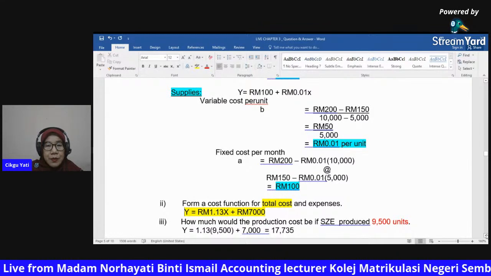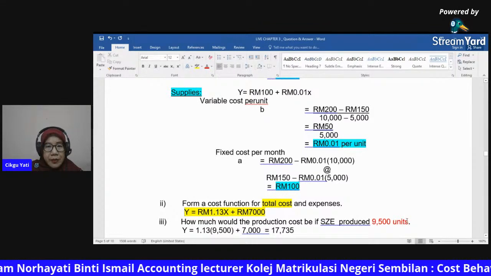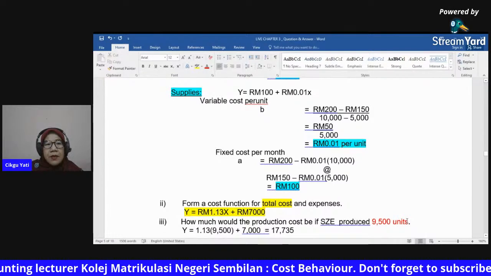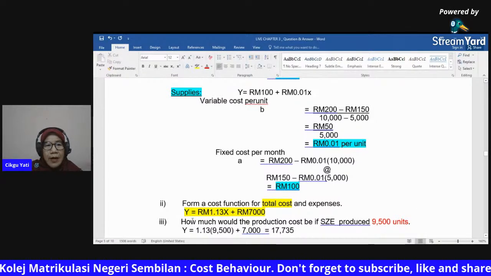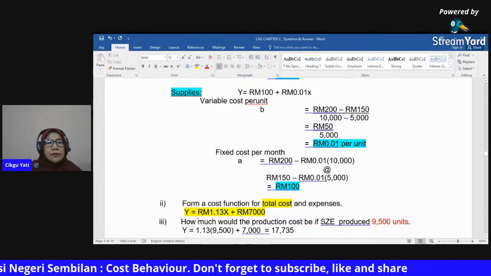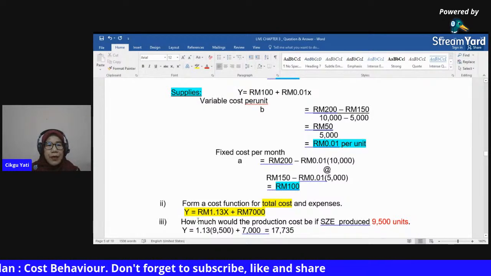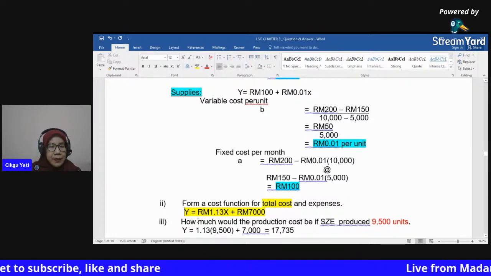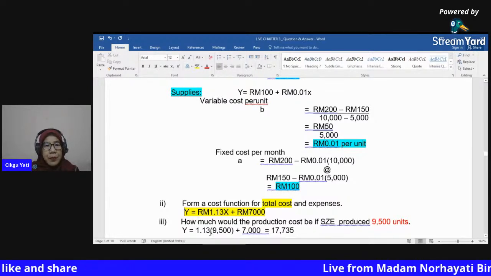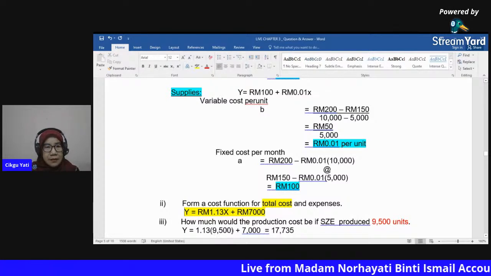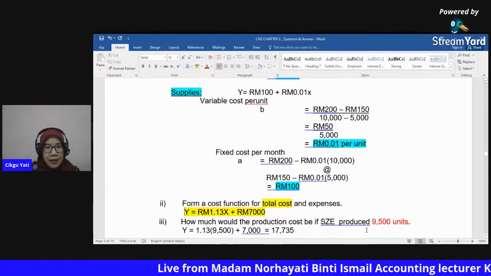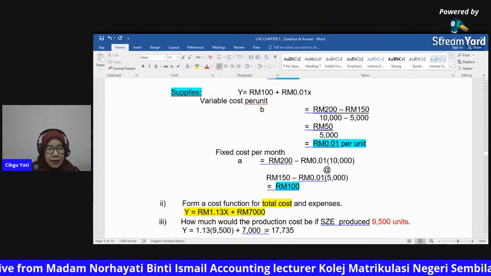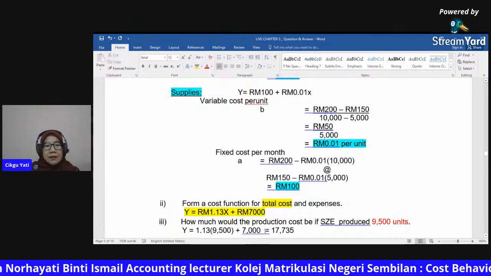Next, you substitute 9,500 units into the cost function. y equals RM 1.13, substitute the amount, and then you can find out that 1.13 multiplied by 9,500 units plus 7,000, and then you will get 17,735.